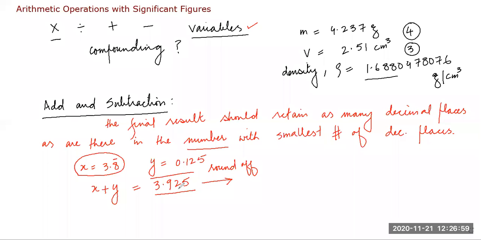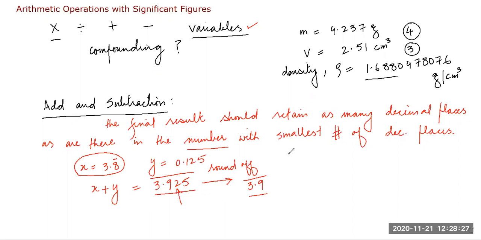So we want to drop 2. Yes, so students, 3.925 will be rounded off to 3.9 only. So x plus y will be 3.9.